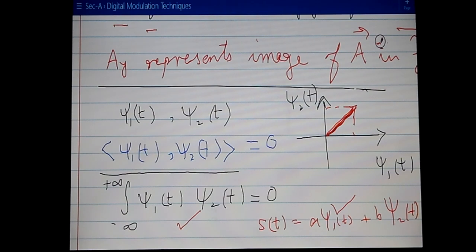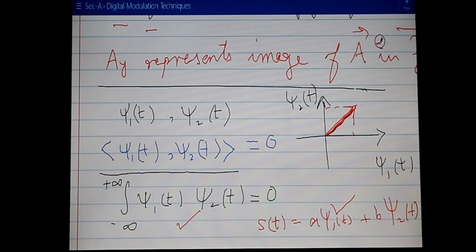Or you can say it's a scalar that represents the image of s of t along psi 1 of t and the image of s of t along psi 2 of t, respectively, a and b. Here, this psi 1 of t and psi 2 of t are very similar to unit vector i and unit vector j. But there is another property.